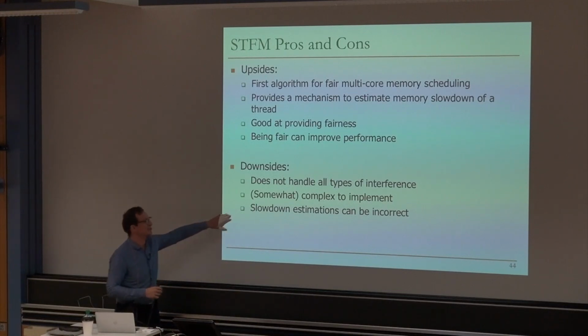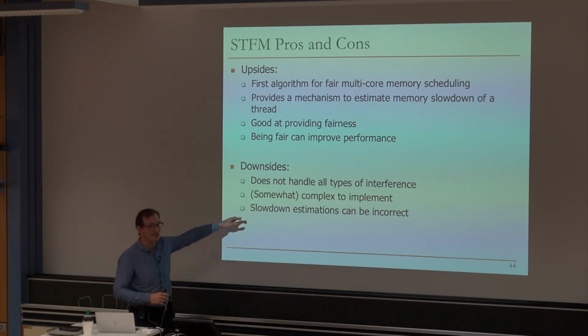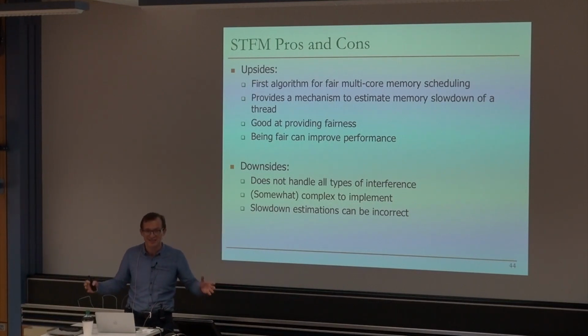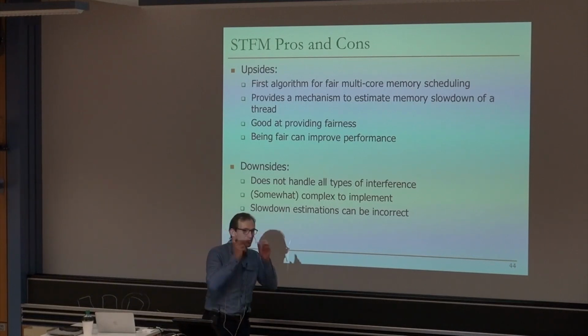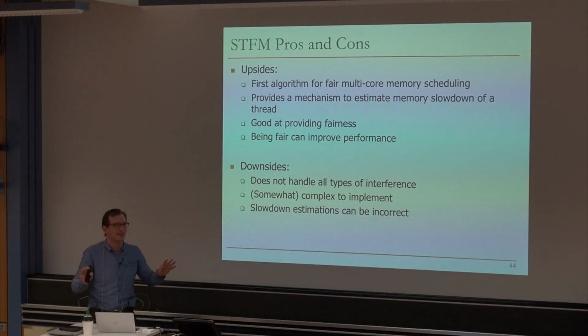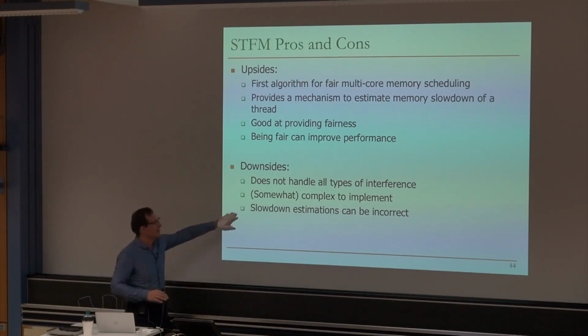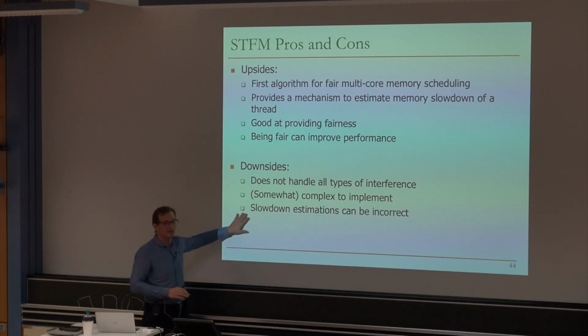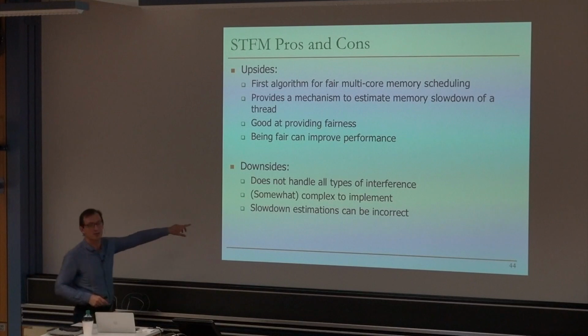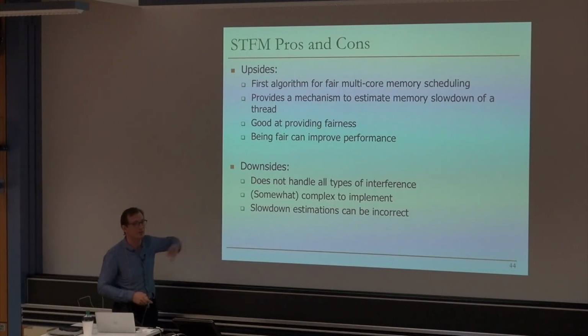But if your estimation is really incorrect in an absolute sense, let's say you think your slowdown is 2x, but your slowdown is really 6x, then you cannot really satisfy a requirement in terms of slowdowns. That's not the goal of the scheduler. The goal of the scheduler is to provide fairness, right, with that definition. So incorrect estimations don't affect that goal as much. It does affect it a little bit, but not that much. But if you really want to enforce some slowdown guarantee, you really want your slowdown estimations to be correct. And we're going to talk about that later on.